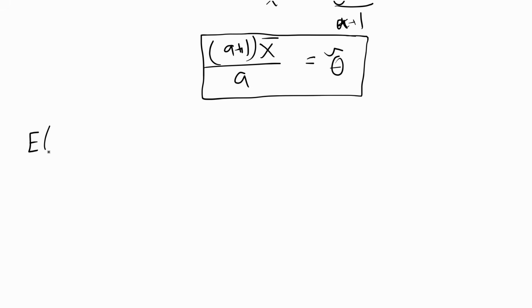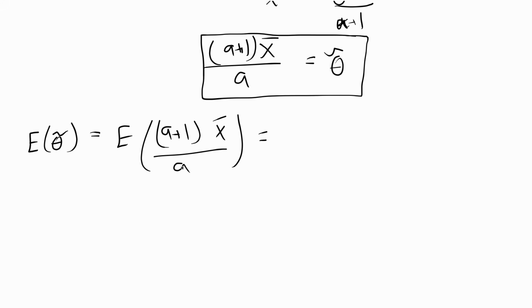So we're going to do the expected value of theta tilde, and something is unbiased if the expected value of the estimate is equal to the population parameter. So this would be unbiased if it's true. So that's going to be the expected value of this left-hand side, a plus 1 times the sample mean over a. We can pull out a plus 1 over a because those are constants.